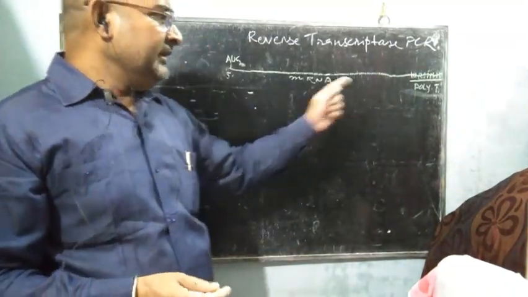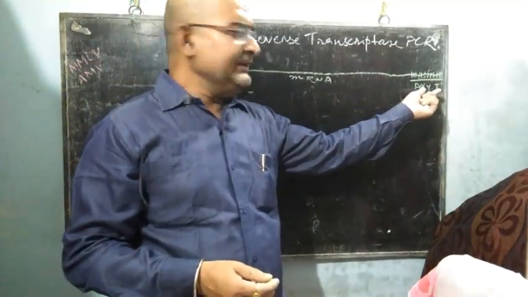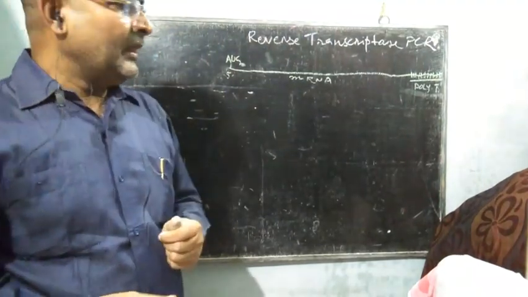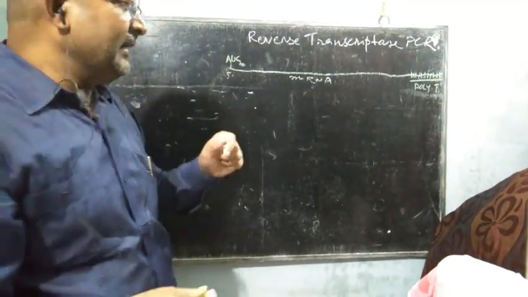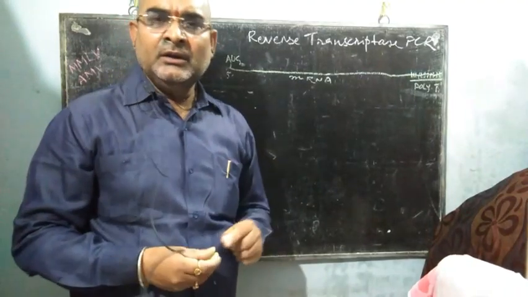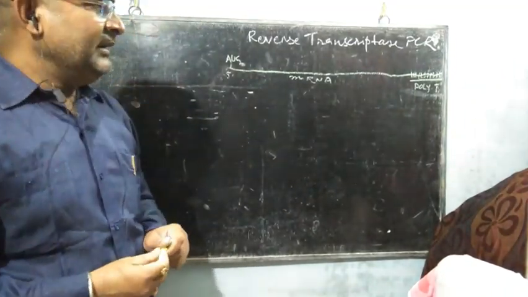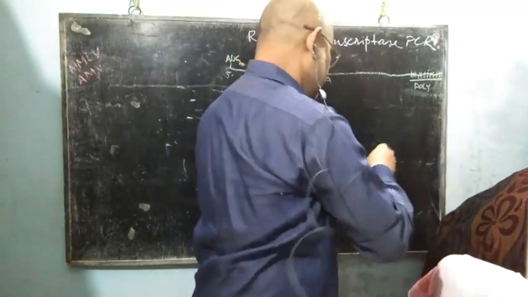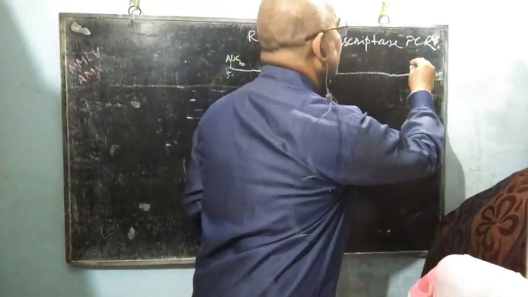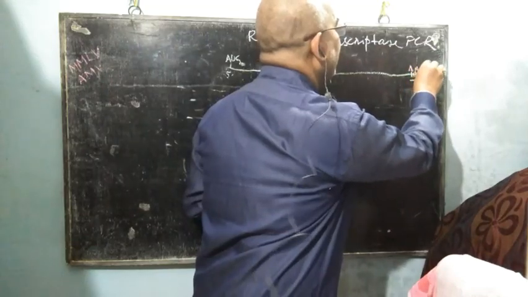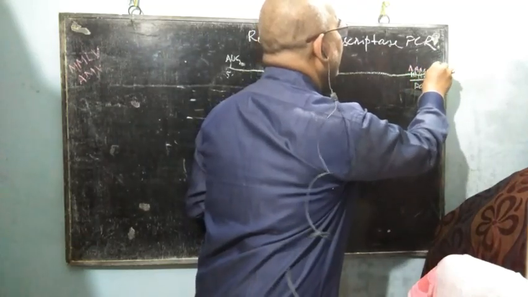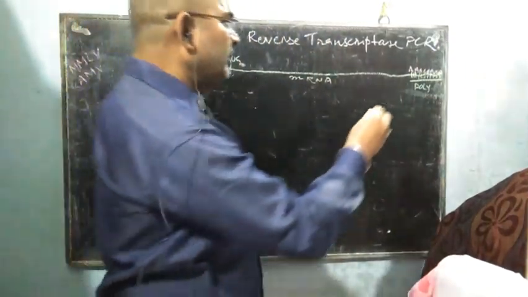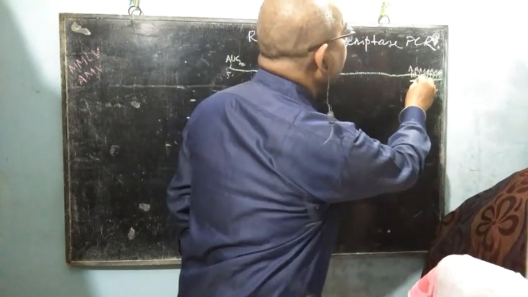But because we have the polyadenylate tail present on the 3' end of the mRNA, we simply use the poly T primer.